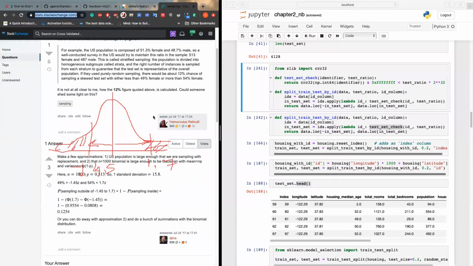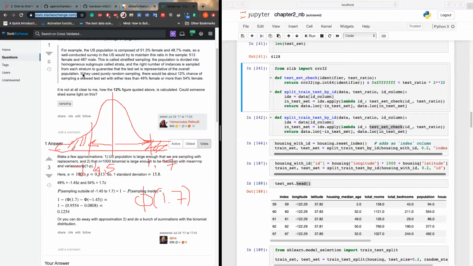Phi is the integral of the Gaussian distribution out to a certain number. So phi of 1.7 is the integral of the Gaussian distribution out to 1.7. The whole integral of the Gaussian distribution is 1. So to find these two pieces, we take 1 minus phi of 1.7 minus phi of minus 1.45.